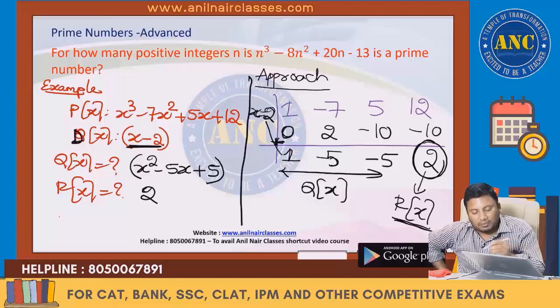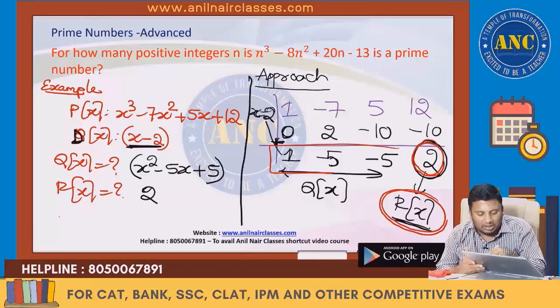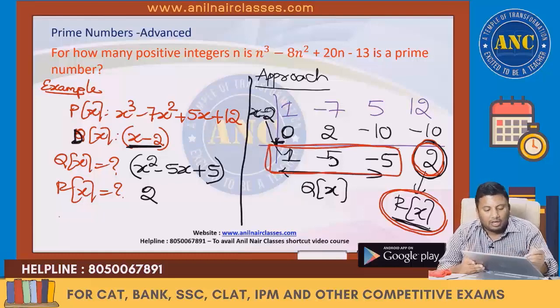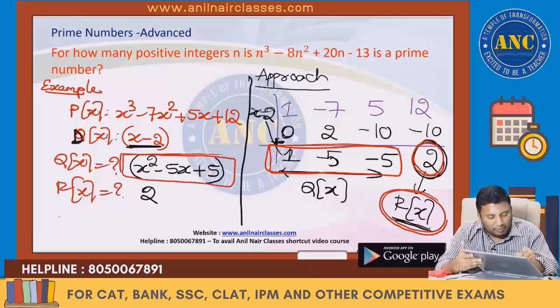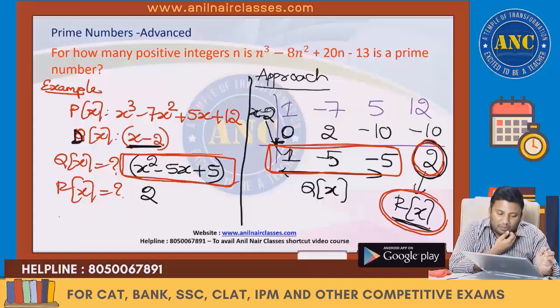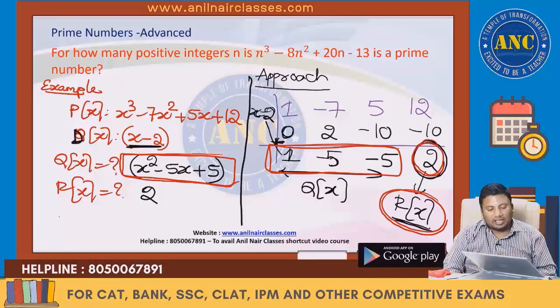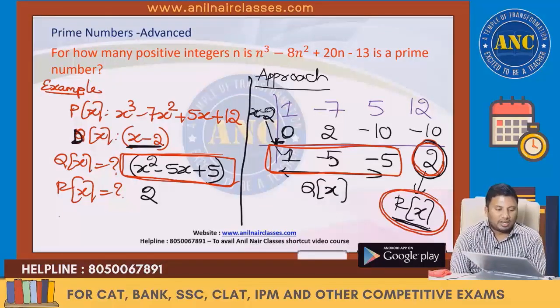Minus 5, 2s are minus 10. 12 minus 10 is 2. The last one is the remainder, and the rest is the quotient. When a cubic is divided by linear, the quotient has degree 2. So the answer is x square minus 5x plus 5. What is the remainder? 2.